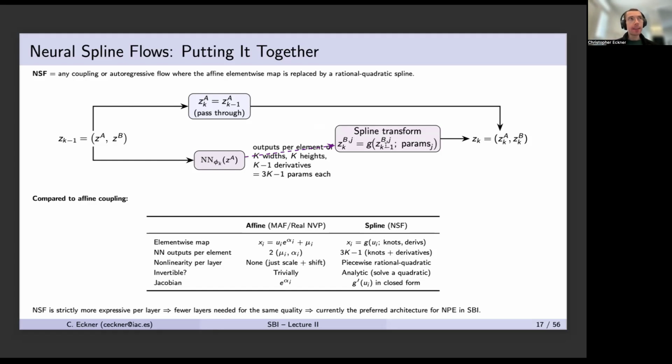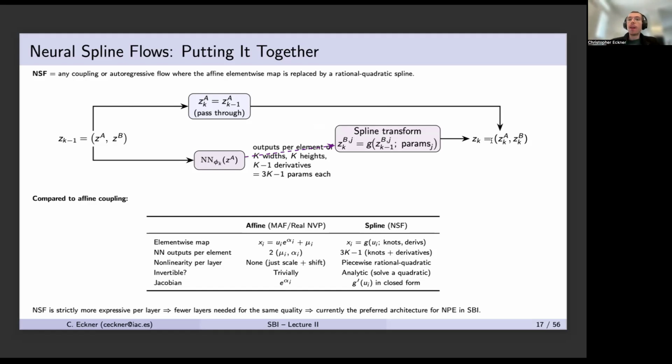So the idea here is that you not only have splines, but also your splines depending on parameters that are transformed by a neural network in order to increase the expressivity of all of this. Right. And this subset B is then everything that is transformed by a neural network and a spline, while the subset A itself is just passed through this layer without doing anything.